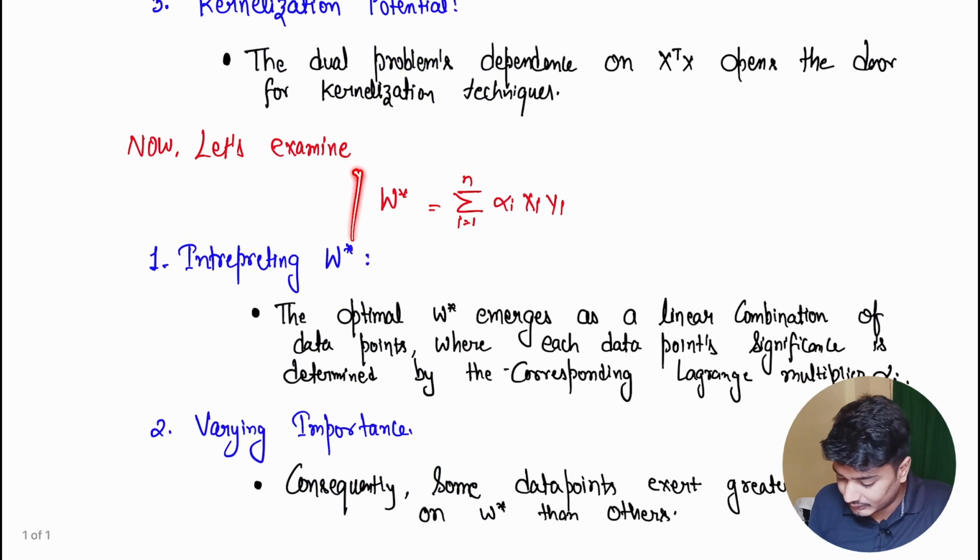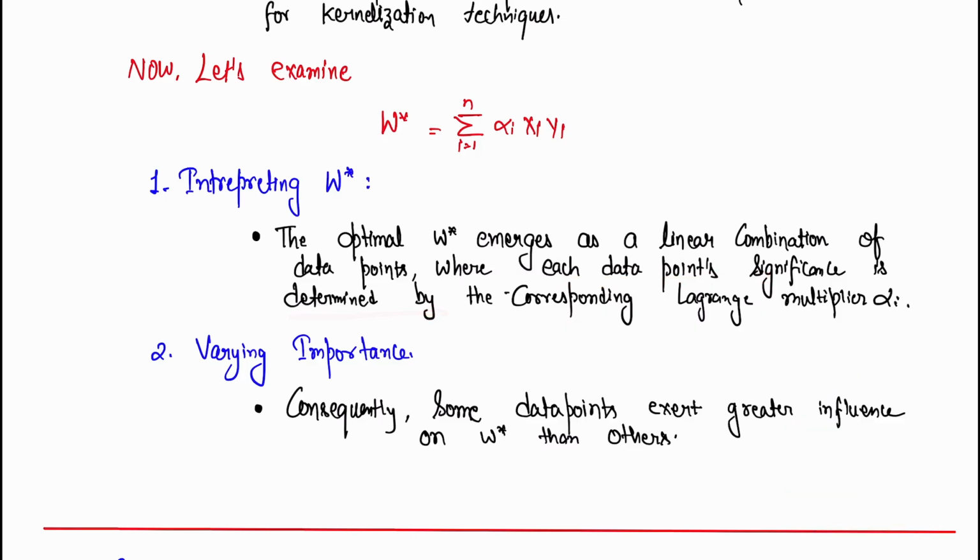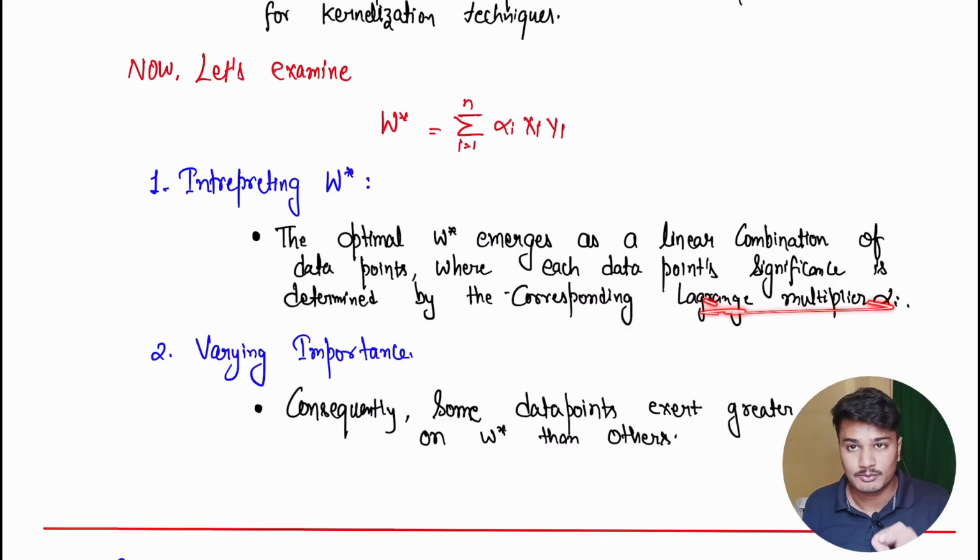Now let's interpret our primal problem. Here, in interpreting the w star, the optimal w star emerges as a linear combination of data points. You can see here we have data points, here we have a summation, and it is nothing but a linear combination, right? So w star emerges as a linear combination of the data points, where each data point's significance is determined by the corresponding Lagrange multiplier alpha.